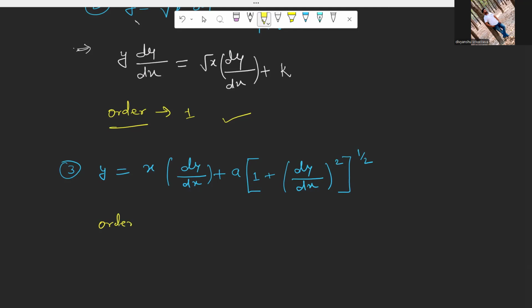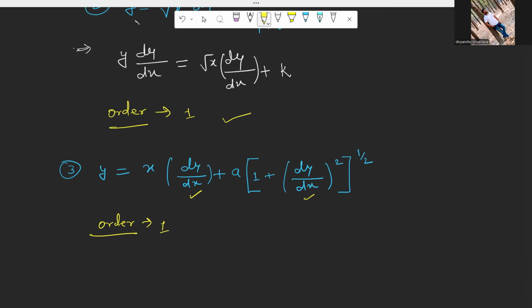So what is the order of this section? The order is the highest derivative. Basically the highest derivative here is only 1 now. So your order is 1.